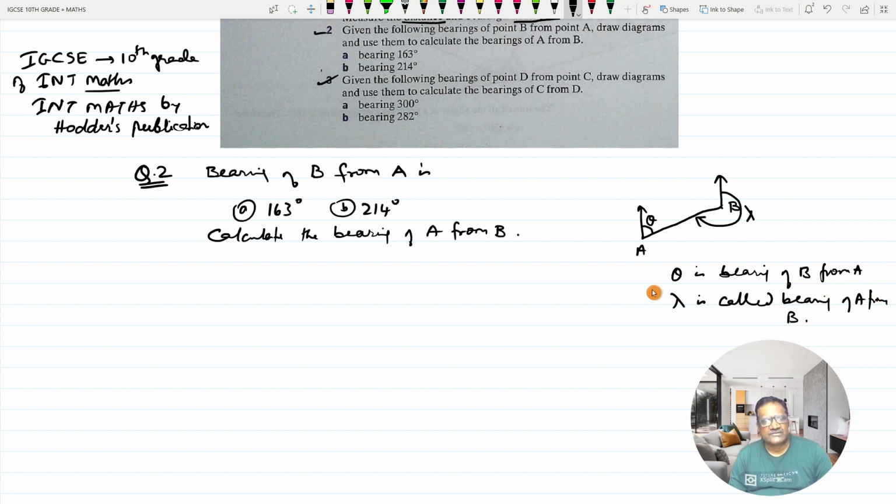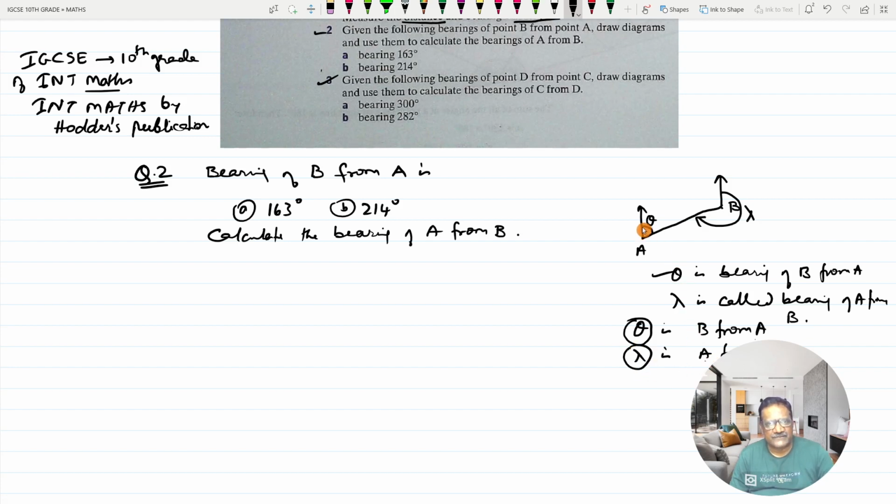So you can see that theta is bearing of B from A, and lambda is bearing of A from B. So if some particular angle theta is a bearing of B from A, then the bearing of A from B is known as the back bearing.